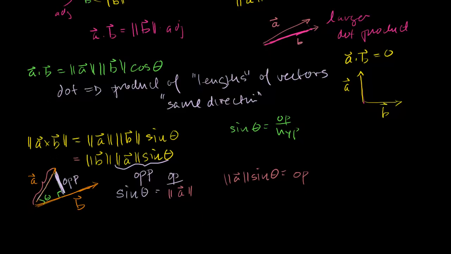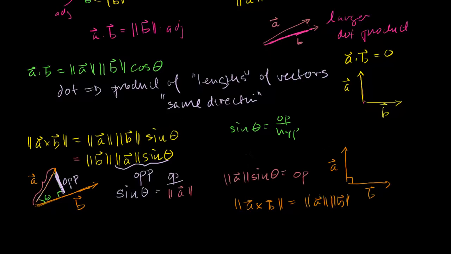And let's just look at a couple of examples. If you take two vectors that are perpendicular to each other, the length of A cross B is going to be equal to, if we just use this formula right there, the length of A times the length of B. And what's the sine of 90 degrees?